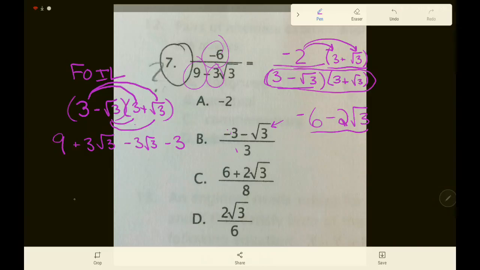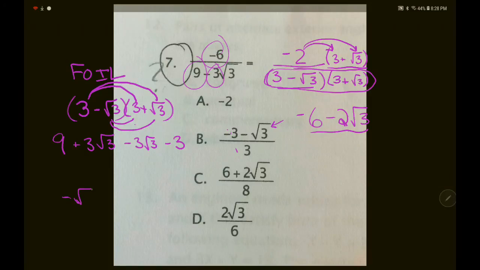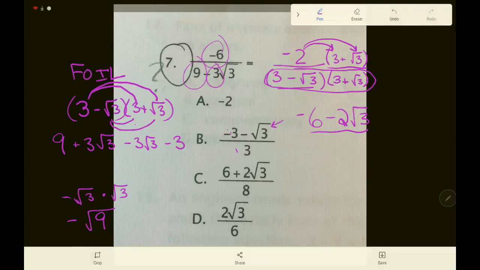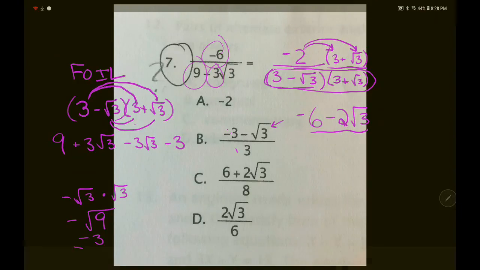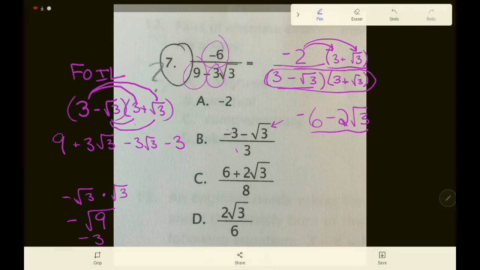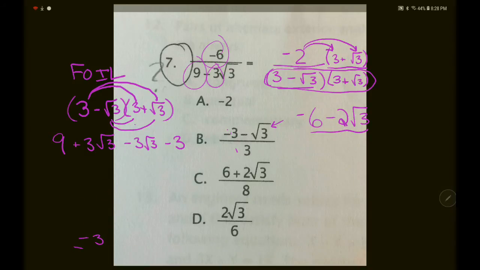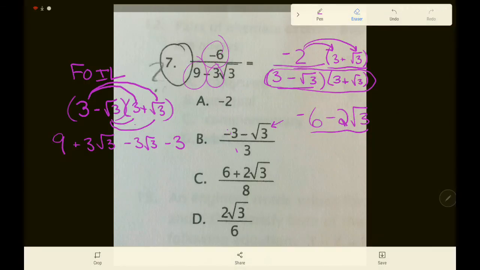Negative, if that seems strange to you, negative square root of 3 times square root of 3 is the negative square root of 9. And that is just negative 3. Okay? And if that doesn't make sense to you, pass that question along, because I do want to make sure you don't just know how to get the right answers on this test, but that you actually understand these things.